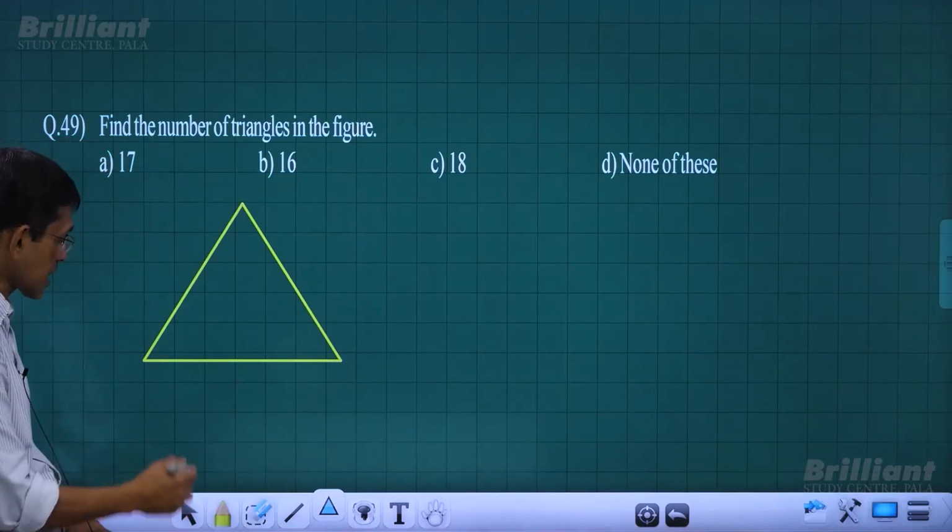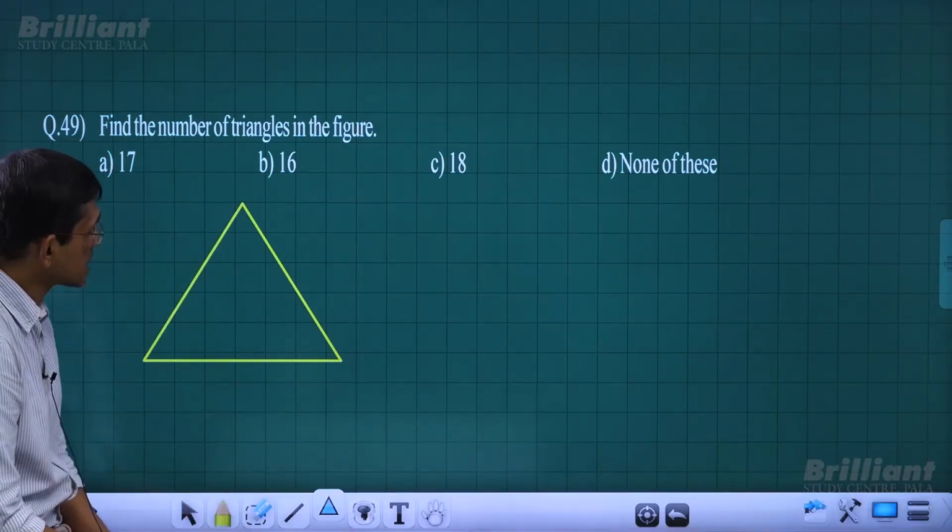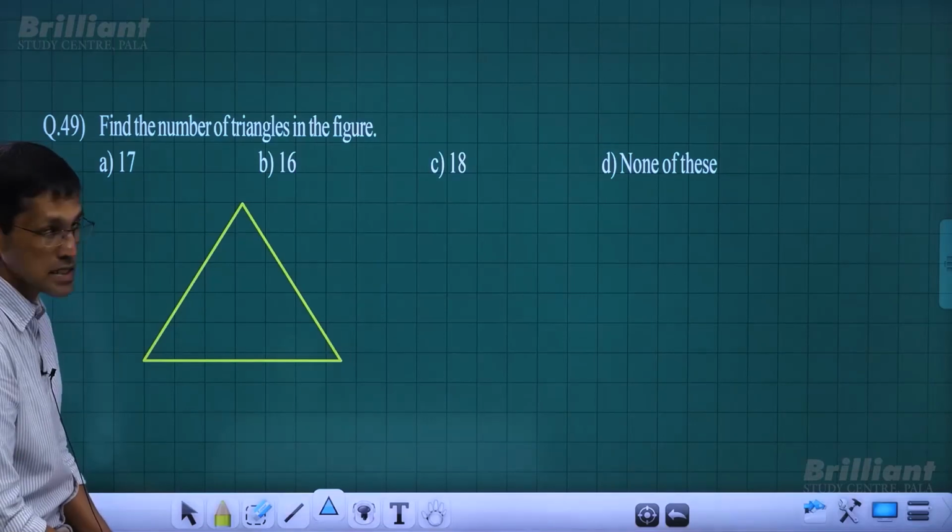Let's use this triangle and find out the number of triangles in this figure.